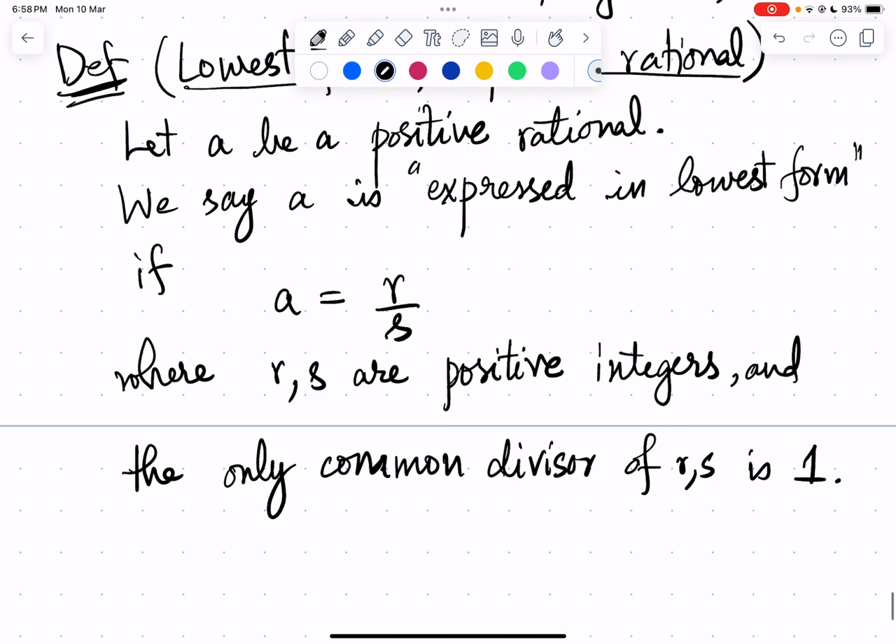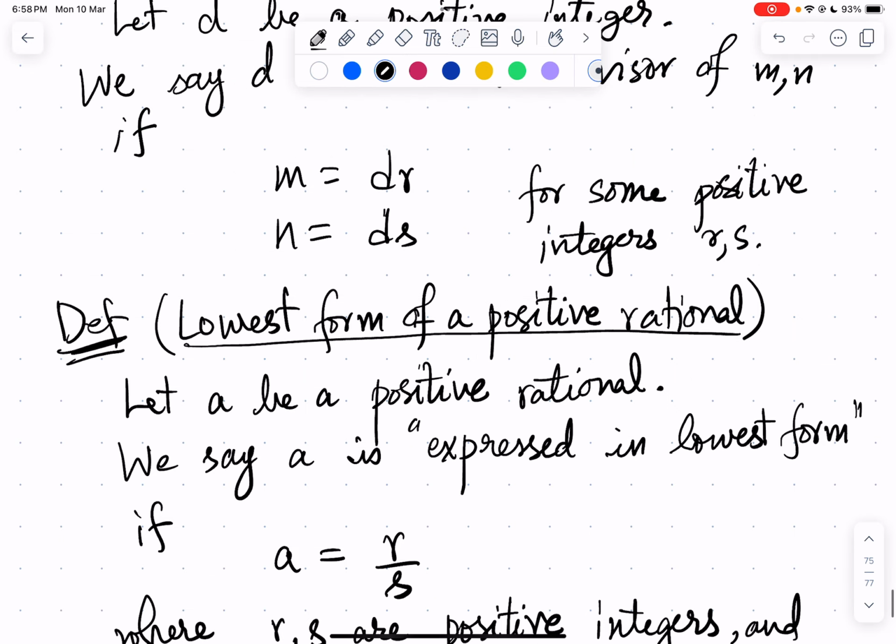So consider a positive rational. We say it is expressed in lowest form if we can write it as R by S, where R and S are positive integers and the only common divisor of R and S is 1.